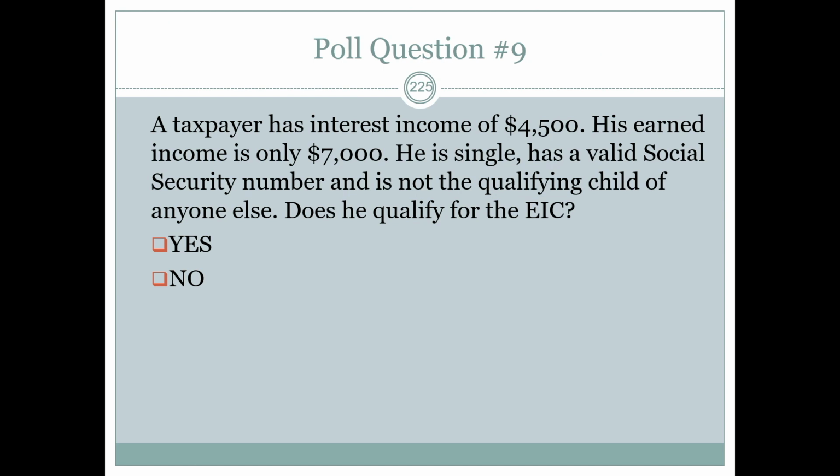Does he qualify for the EIC? You would need to answer either yes or no. For the UTD students, please be sure you answer this question because this information is being forwarded to your instructor. You will have a couple of minutes to answer this question.